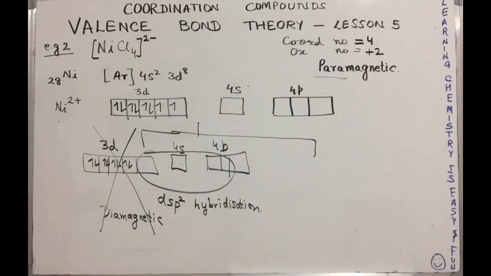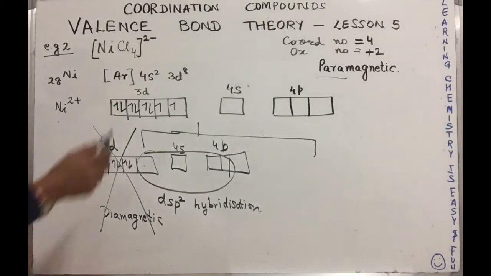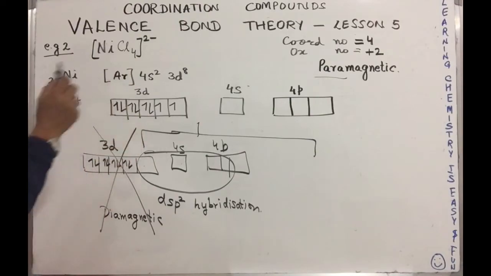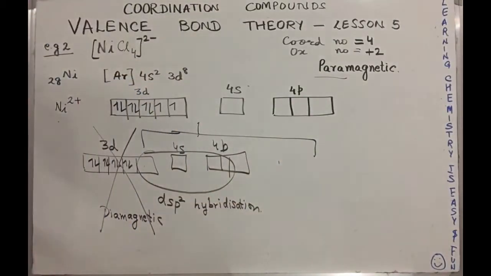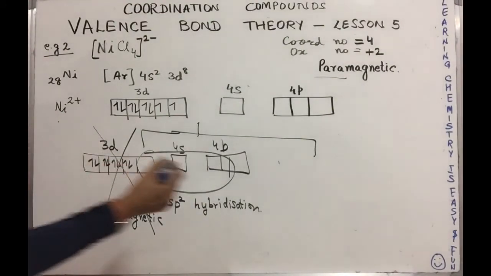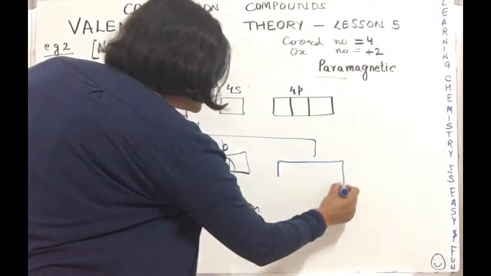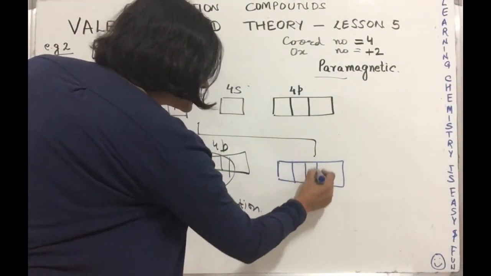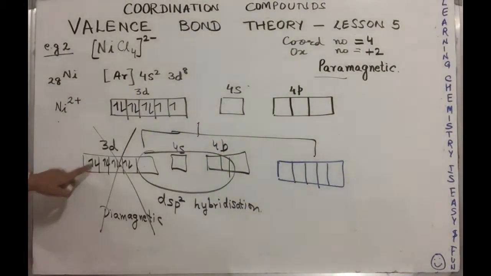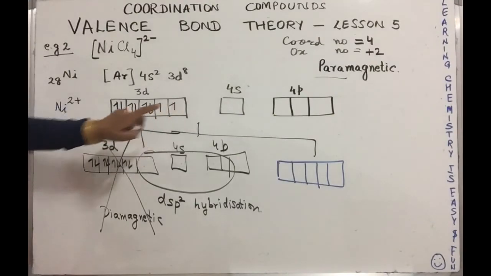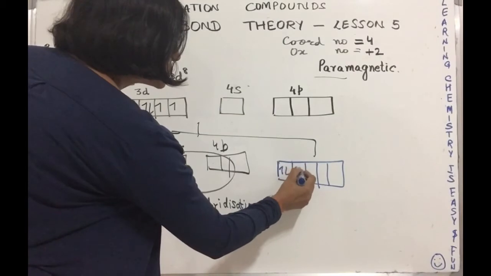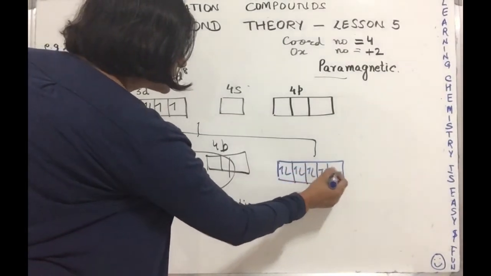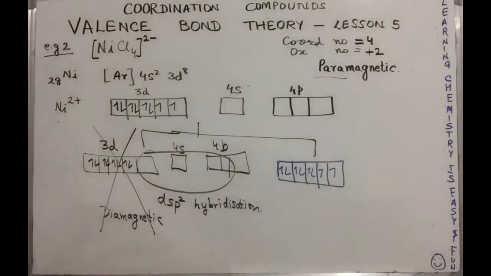So what is the second option that we have? We have to accommodate 4 ligands. So the second option, let us show it maybe with a different color so that it's easier. So we have 1, 2, 3, 4. So we leave these unpaired electrons untouched. 1, 2, 3 are pairs, 4th and 5th are lonely.